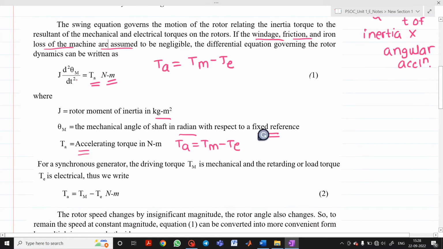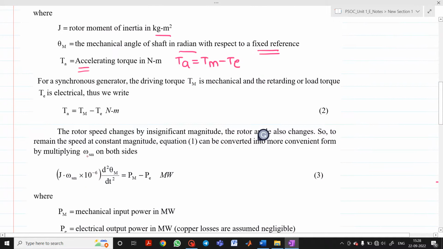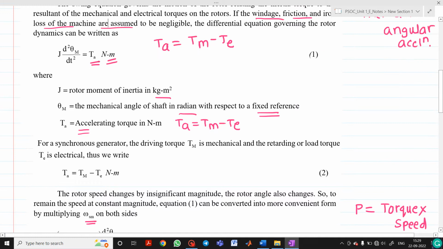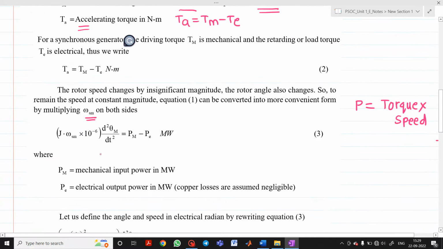We will multiply equation number 1 by omega Sm. Now the question is, why are we multiplying it by omega Sm? As we want to think about power, we know that power is torque into speed. So I am going to multiply equation number 1 on both sides by the speed, omega Sm.